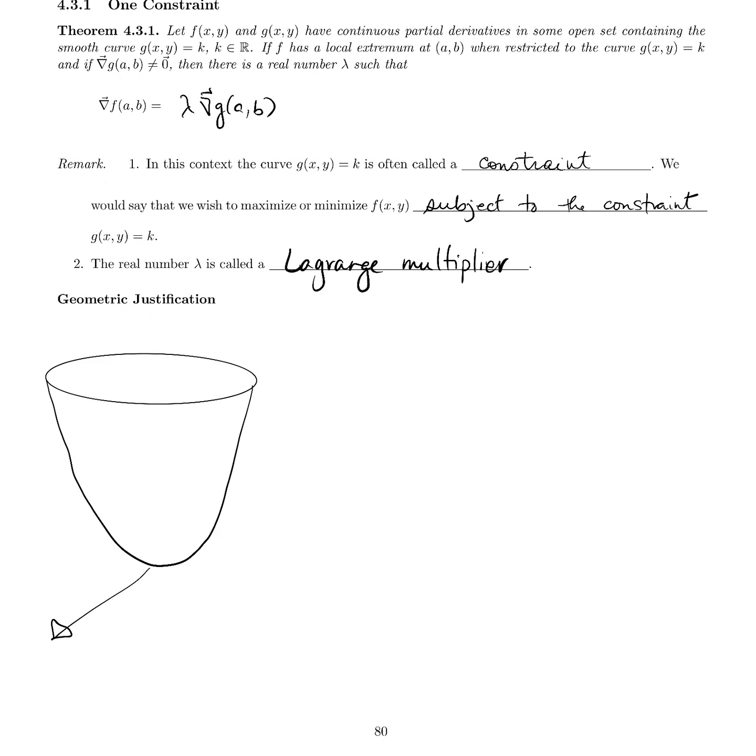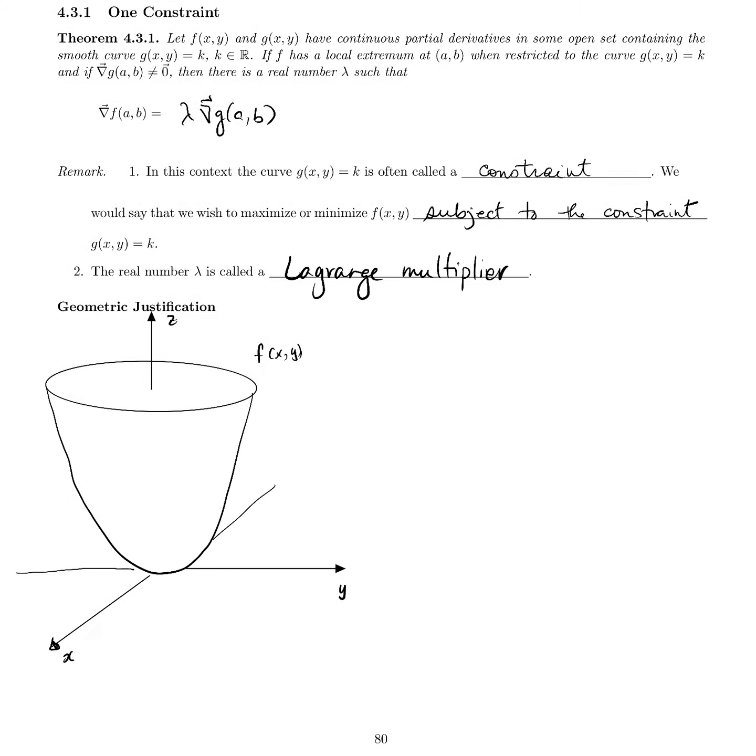Give ourselves some axes here. And let's imagine that we have a constraint curve. If this is our function f(x,y), then it's a surface in 3 dimensions.